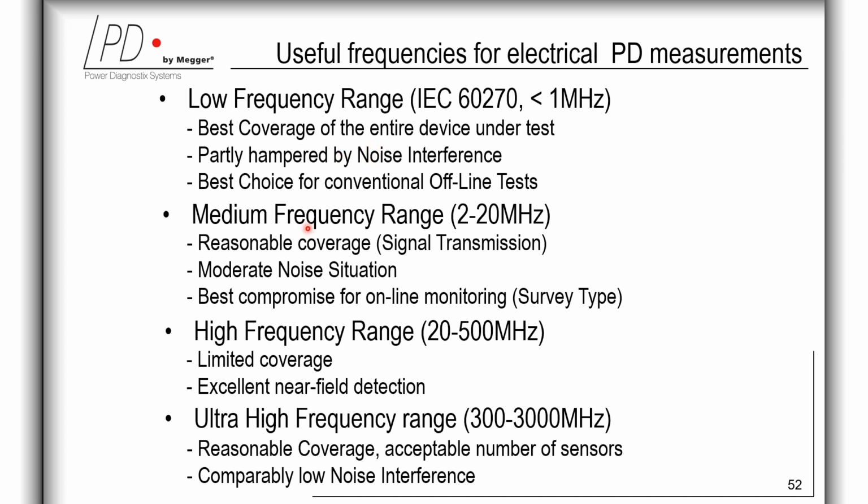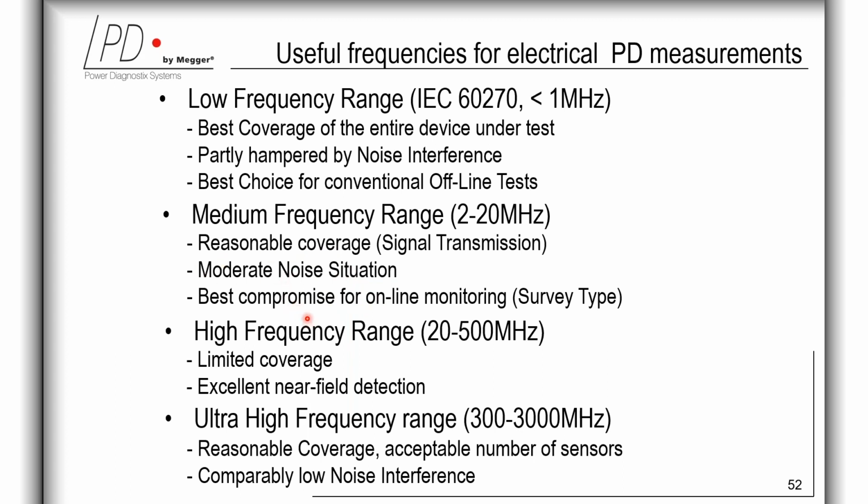For the frequency range between 2 to 20 megahertz, you still have reasonable coverage, and this range also provides the best compromise for online monitoring, and the noise situation in this range is moderate.